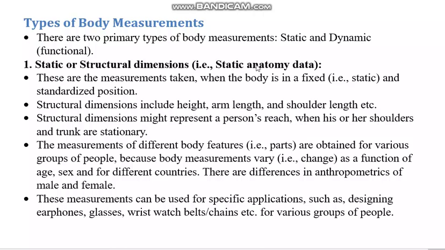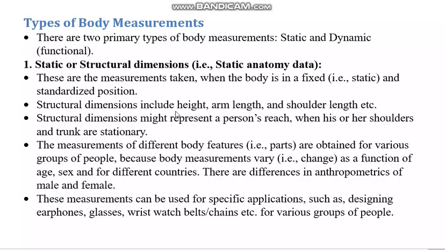Static or structural dimension, that is static anatomy data. These are the measurements taken when the body is in a static state or in a fixed state or in a standard position. What does standard position mean? He's not moving, he's not reaching anything.